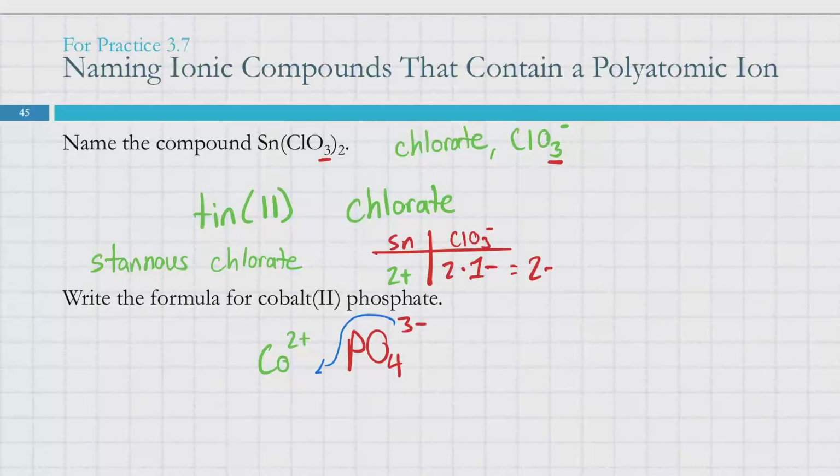We swap and drop: Co3 PO4 2. What's wrong with this?